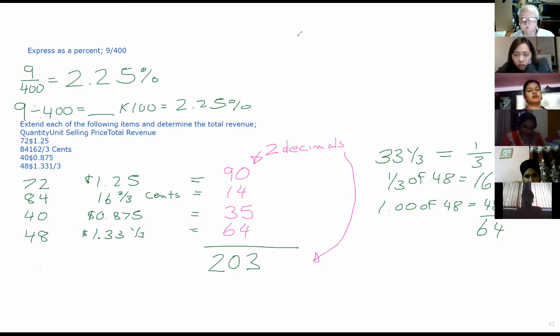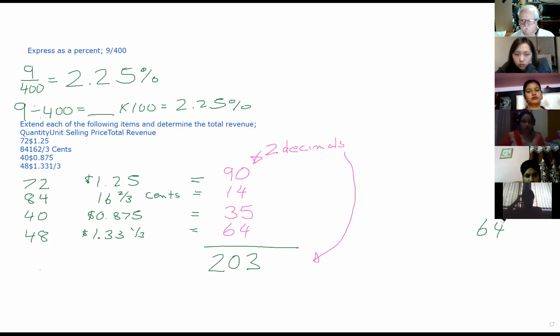Let's get rid of all this over here for a minute. When I deal with the 16 and 2/3 cents, first off, I'm going to go 2 divided by 3 equals and see what that is.